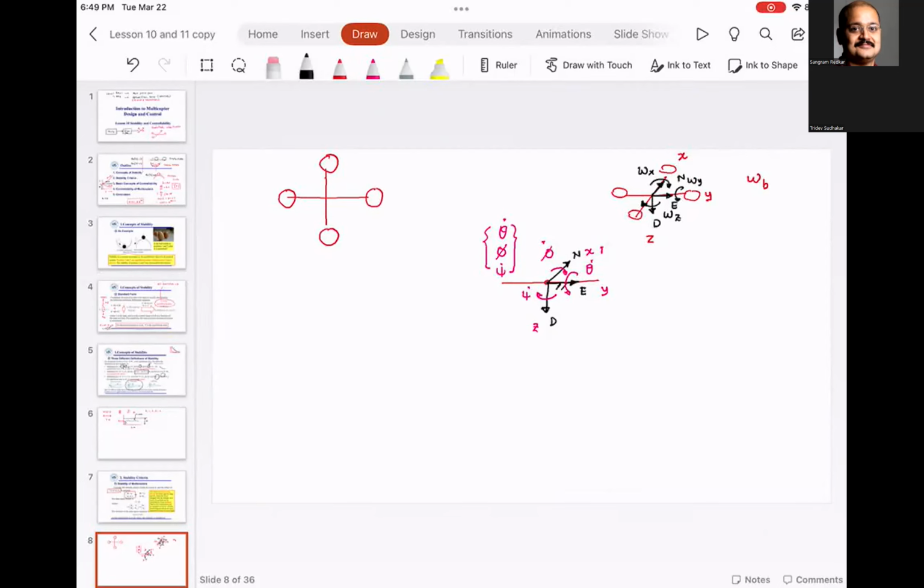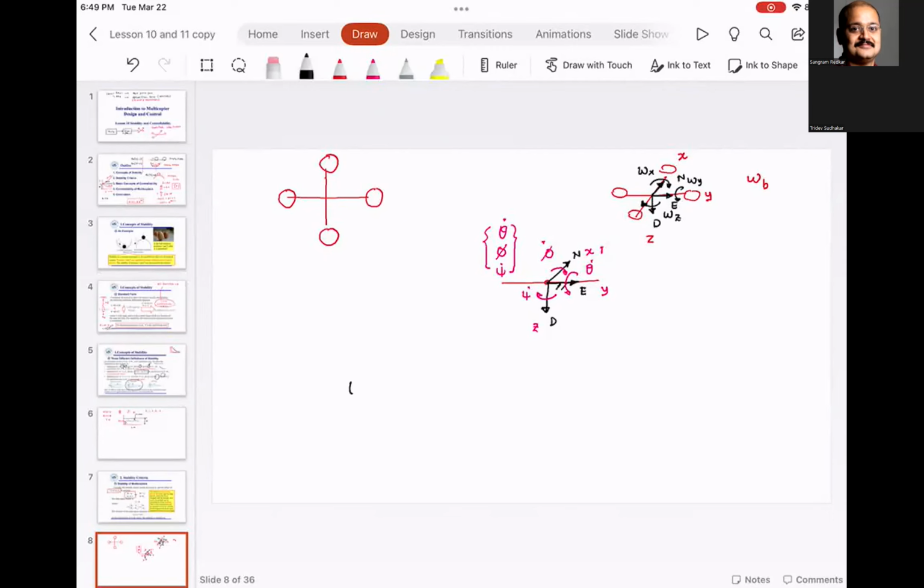Are you with me so far? Now, can you see that these two coordinate frames are aligned? This is super duper important, and I will repeat this once again. This is extremely important from the controller design point of view. My coordinate frames are aligned, which means I don't have to use any transformation in between. Do you agree with me? So can I say something like this?